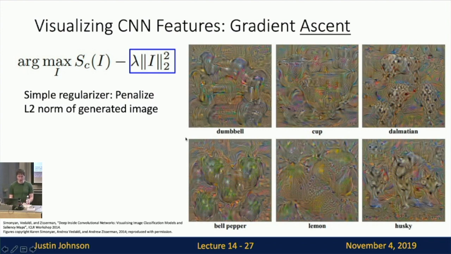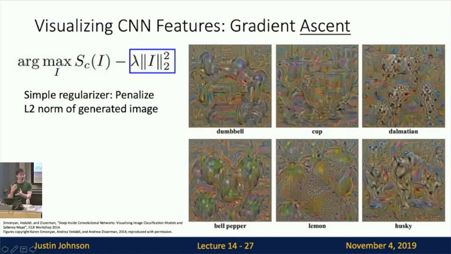So if you look at this example on the upper left, we've generated a novel image that should be recognized confidently as dumbbell. And you can see there actually are some dumbbell shapes going on in this thing, which is pretty exciting. Or if you look over at this upper right-hand image, we're trying to generate Dalmatian.